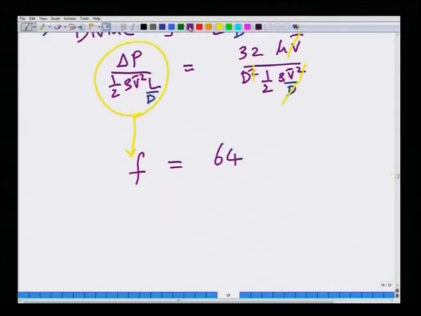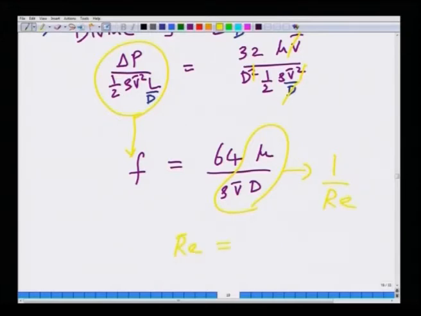So, the final answer will be 64 mu by rho v bar d, but this is nothing but 1 over the Reynolds number, because the Reynolds number, if you remember, is rho v bar d divided by mu.